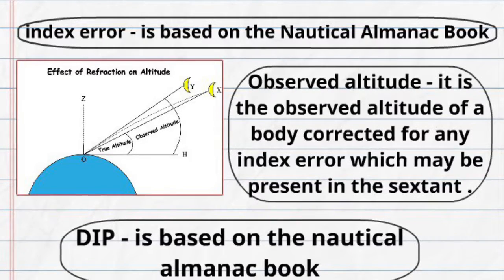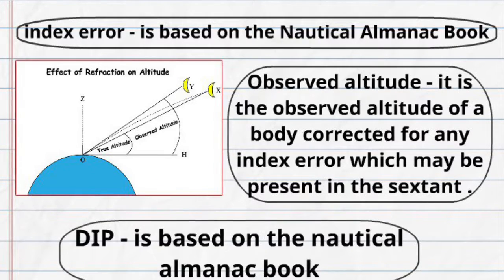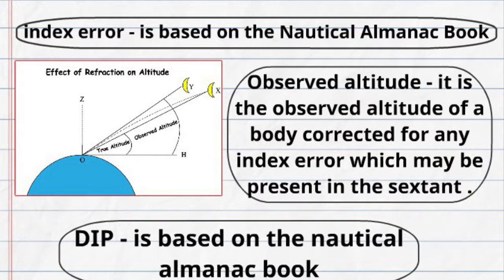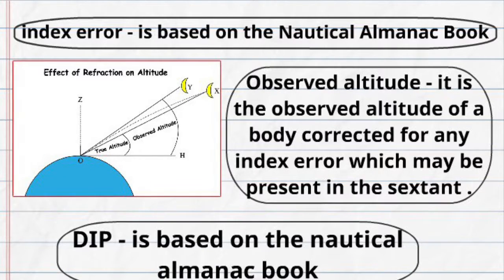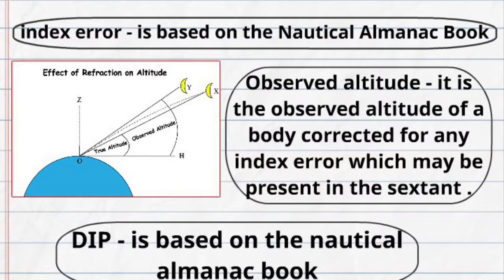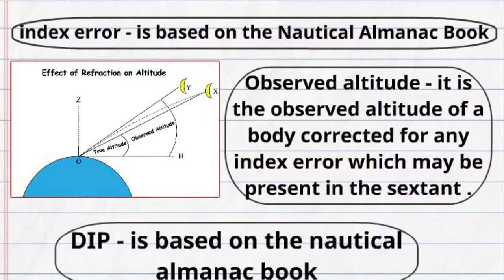Moving on to the true altitude, it can be obtained by applying dip and total corrections from the Nautical Almanac book. In this case, the dead reckoning latitude is 23 degrees 40 north, while the declination is practically nil. Hence, the sun's azimuth at meridian passage must be south, and so the true altitude is named south.